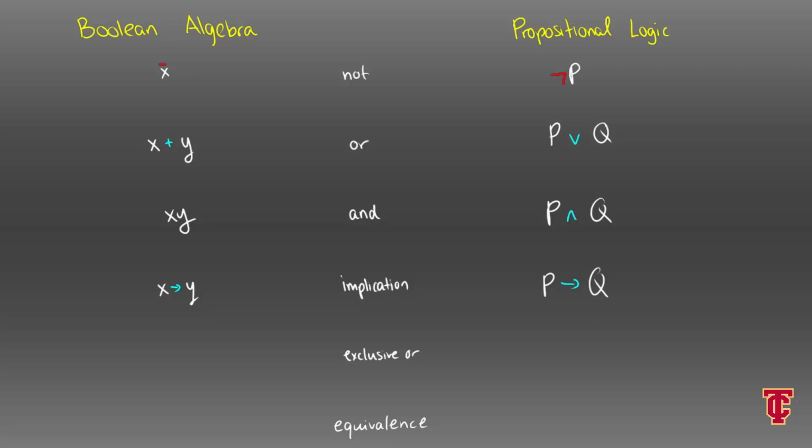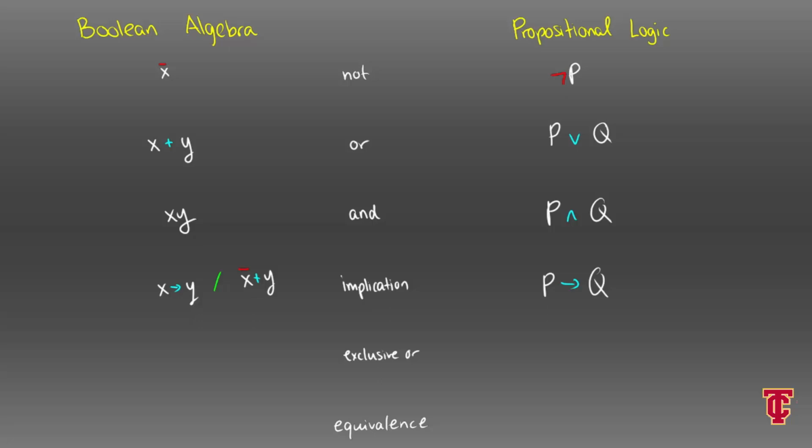Instead of writing x arrow y, we know that this is the same thing as not x or y. So I will write this on the side. We might write x complement plus y, which is the same thing as not x or y.